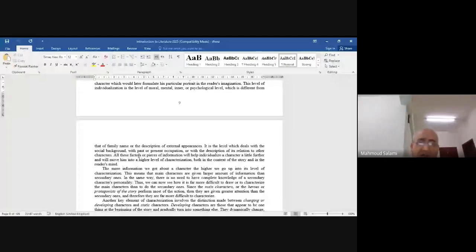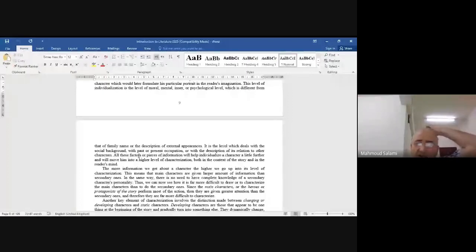So about this character, in the levels of formula, imagining what kind of person we have here, what kind of character we have here. When we say, for example, the family name, the first name, the society, the background, education, rich, poor, city, village, and so on.